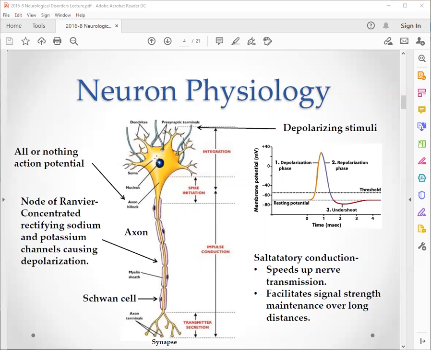Now, what happens is that when neurotransmitter is released and stimulates this neuron, that neuron begins to depolarize.